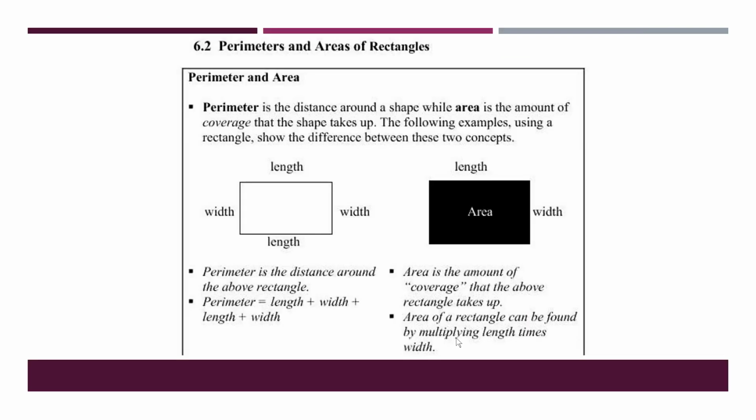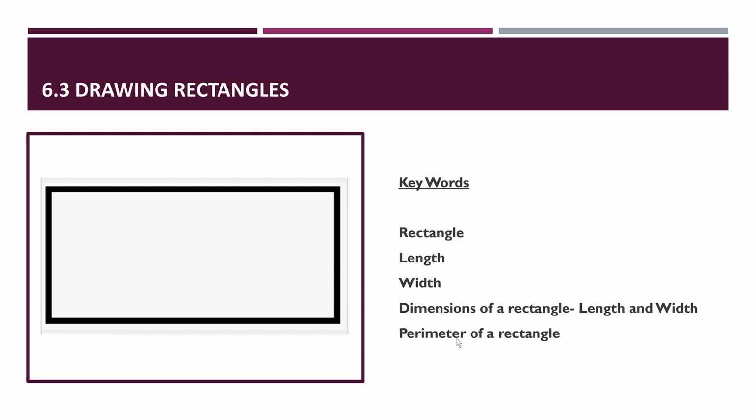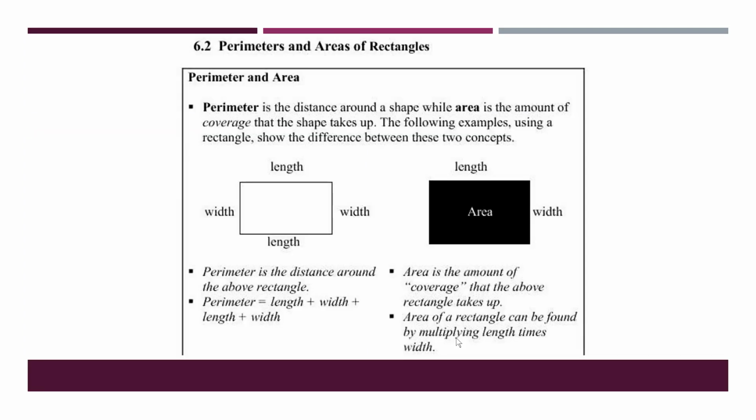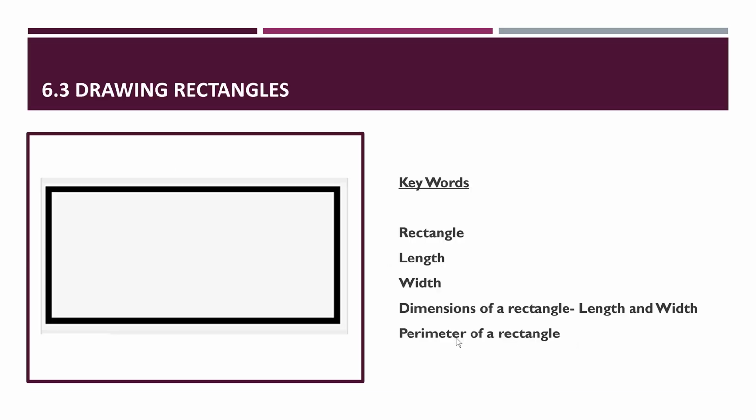If you know your basic multiplication, you should be good. Okay, the perimeter and area of rectangles. Again, same thing as squares. Perimeter is the distance around, and the area is the amount of space that's covered inside.